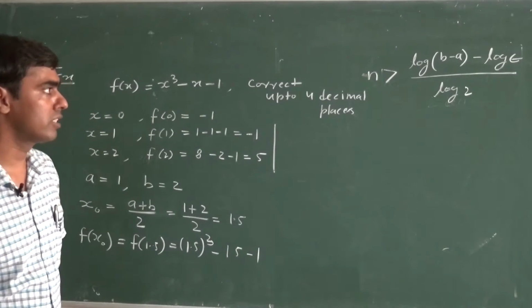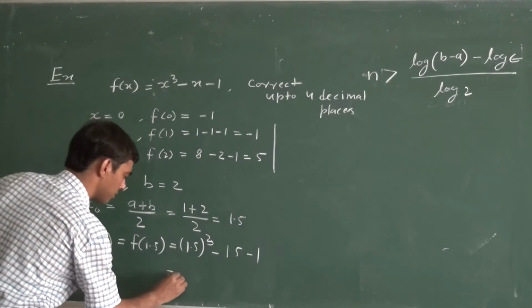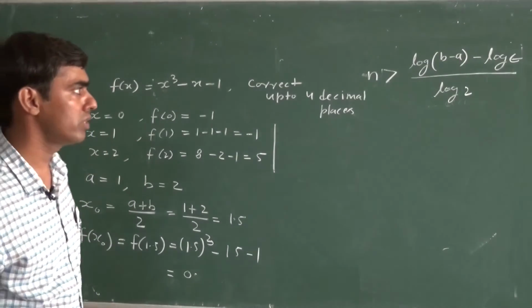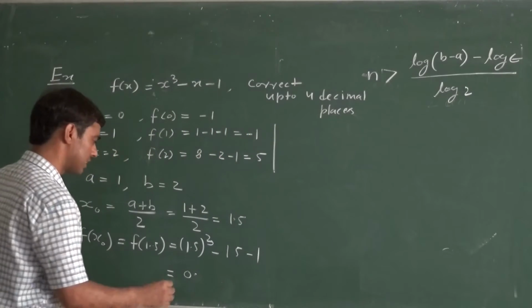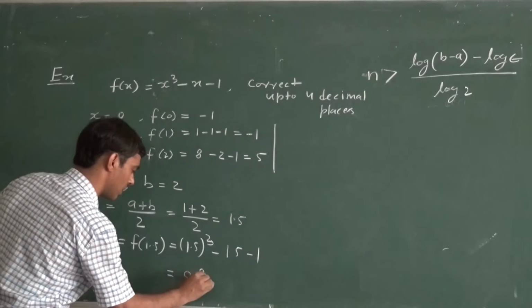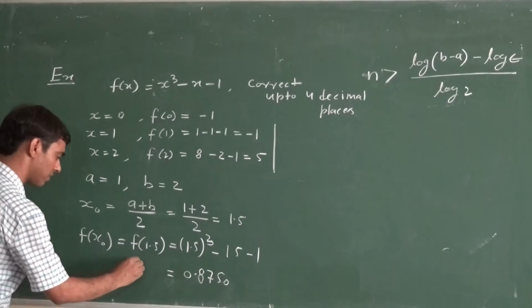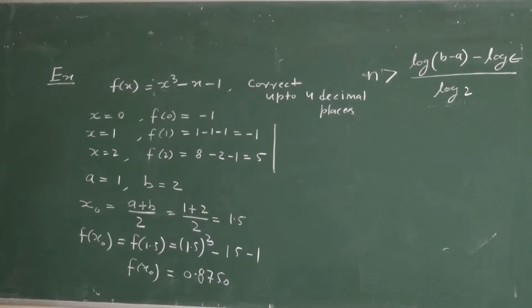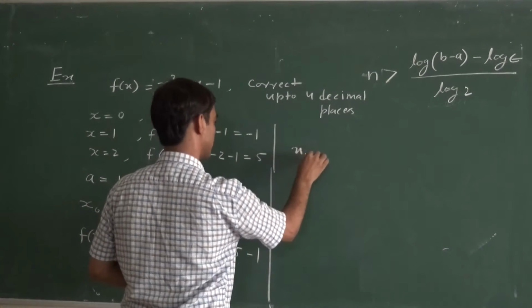So if we simplify this one, then what is the value? Here we already noted this down: the value of f of x0 is 0.8750. Now if we closely observe, what will happen in the next iteration, means x1?